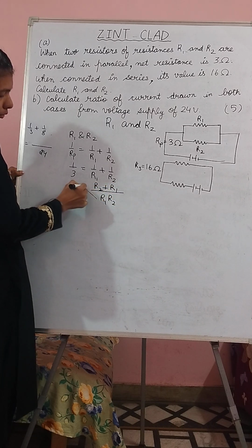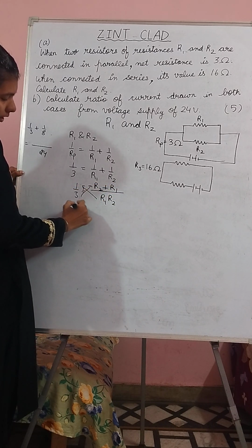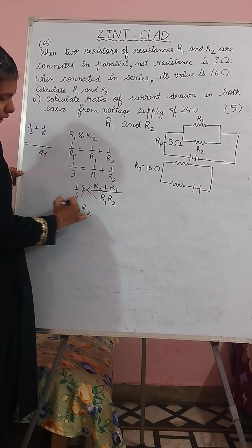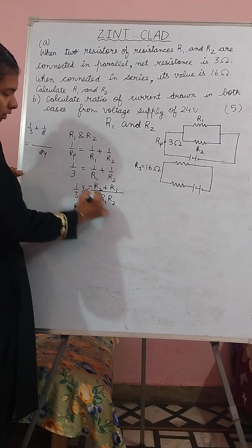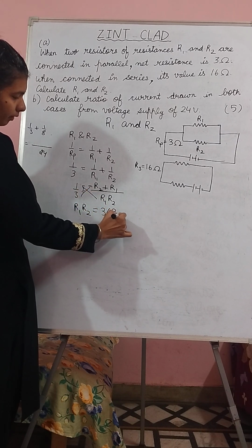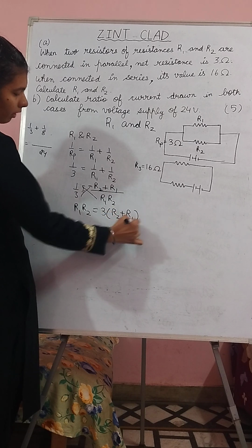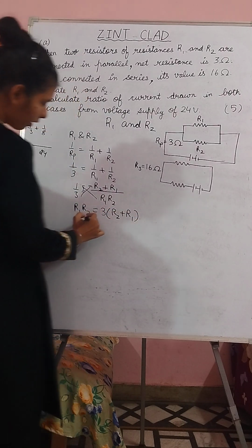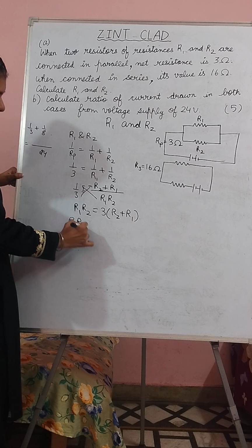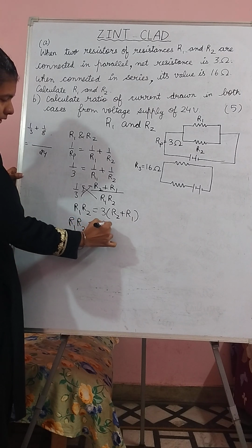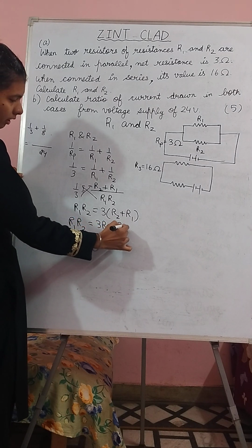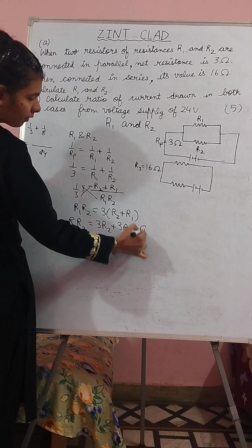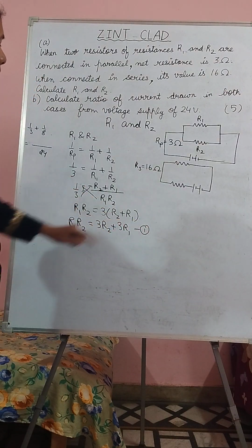R1 R2 into 1 would be R1 into R2, and 3 times R2 plus R1. That means our equation will become R1 R2 is equal to 3R2 plus 3R1. Name it as equation number 1.